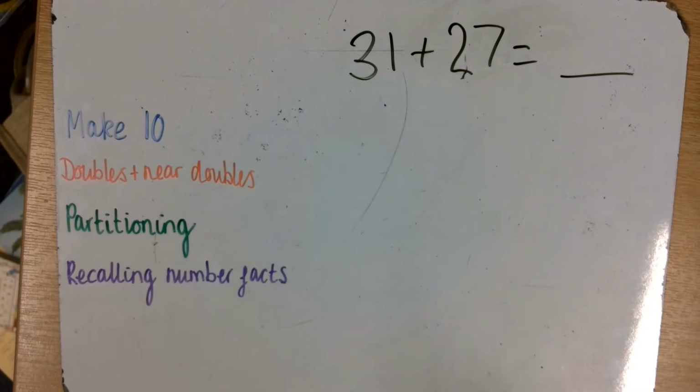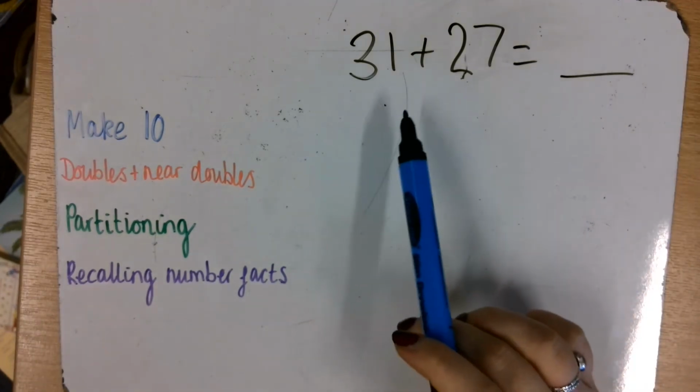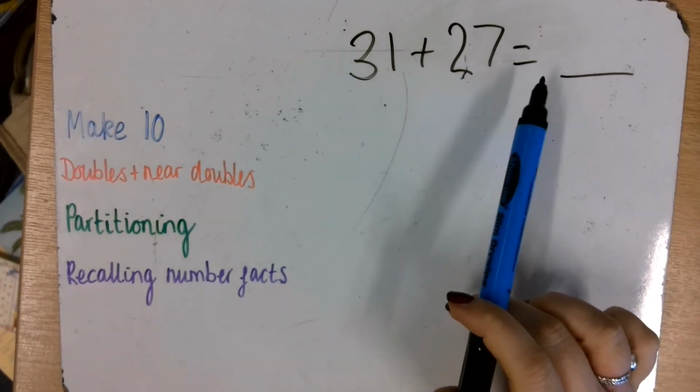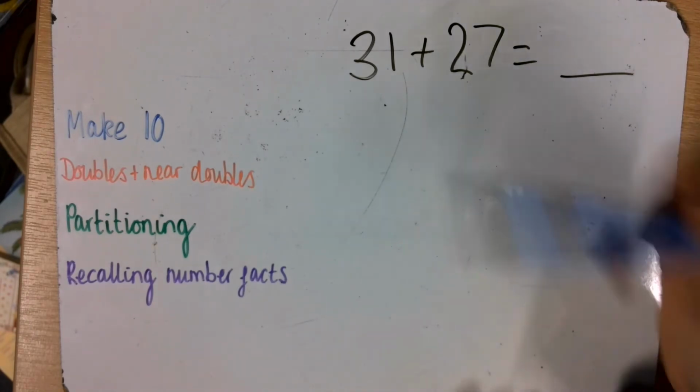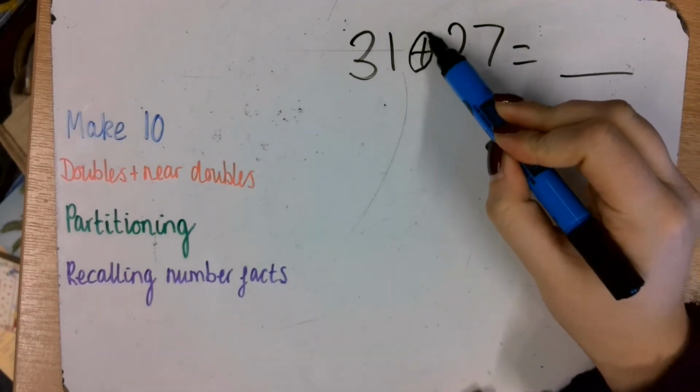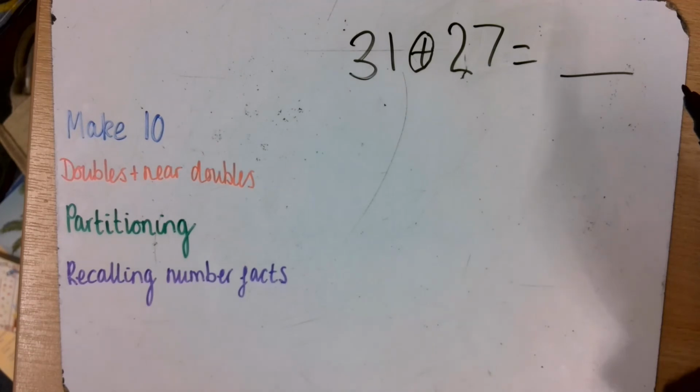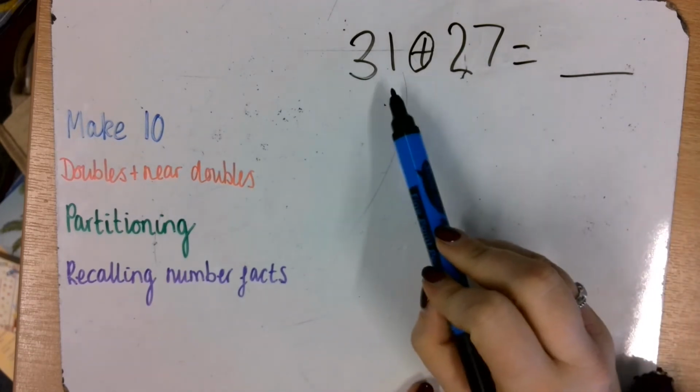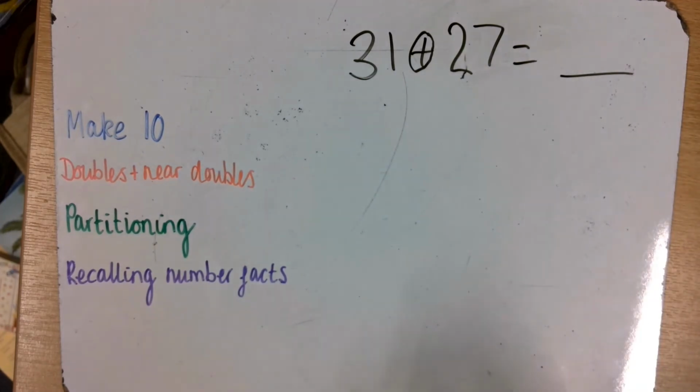Okay, let's look at this calculation. It's 31 add 27 is equal to something. So I've noticed that I'm adding, and I've noticed that I am adding 2-digit numbers together. So there are two 2-digit numbers.